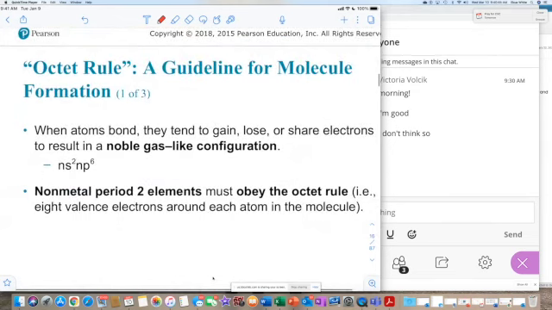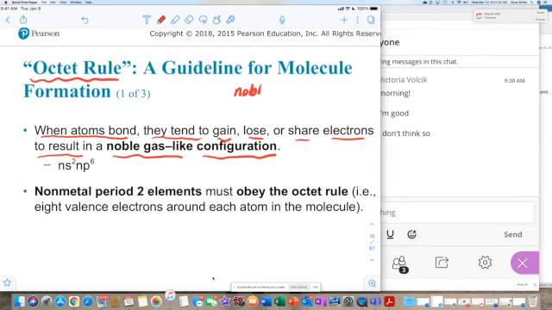Okay, now we're talking about the octet rule. What is the octet rule or the rule of 8? When an atom bonds, they tend to either gain, lose, or share electrons to result in a noble gas-like configuration. I mentioned this earlier. The noble gas is a group of elements, right?